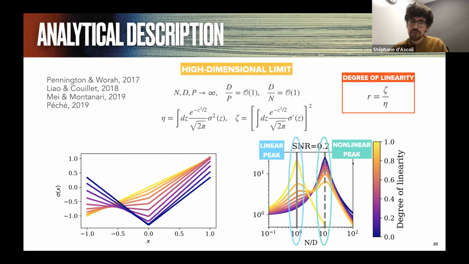And if we plot the corresponding double descent curves, well, one would believe double descent, but actually here we see it's a triple descent curve. As we make the model more linear, going to the yellow, we see that the linear peak at n equal d becomes higher, whereas the nonlinear peak becomes smaller. So you can really see that the degree of linearity is regulating the importance of these two overfitting peaks.